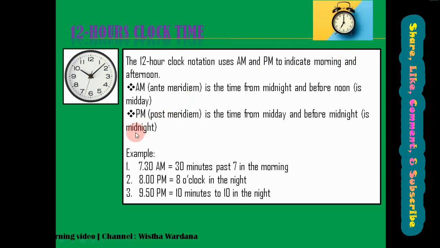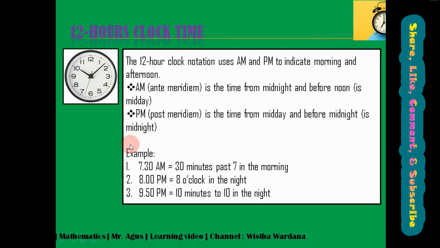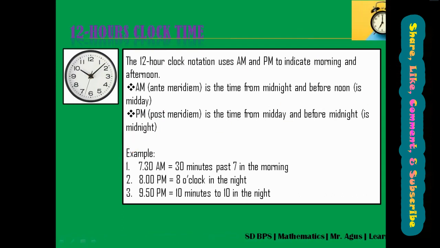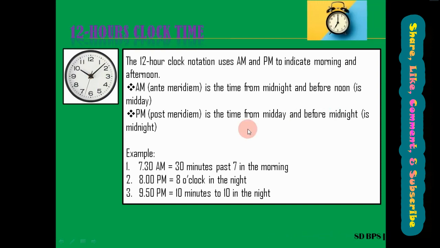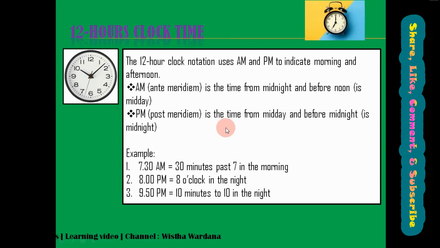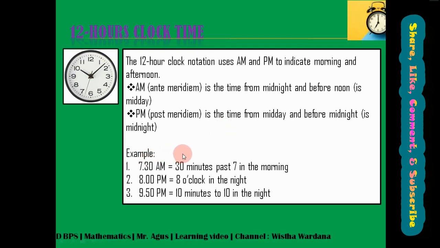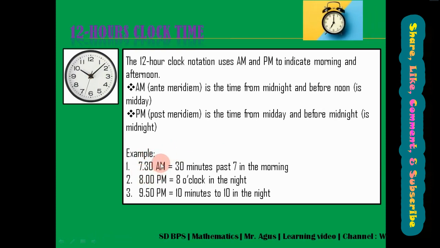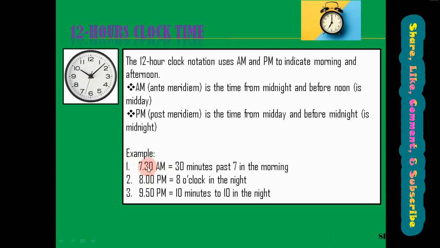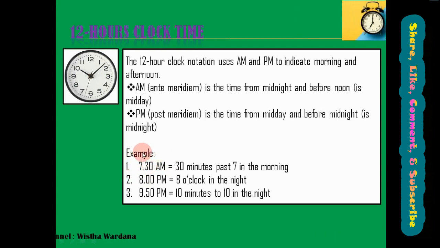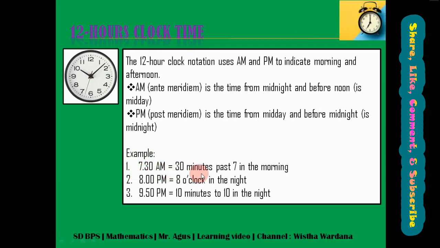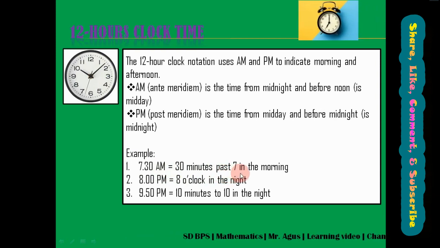Okay, below I give 3 examples about time that use 12-hour clock time. The first one is 7:30 AM. To read this time, you should read the minute hand first and then continue by reading the hour hand. So 7:30 AM you can call 30 minutes past 7 in the morning.